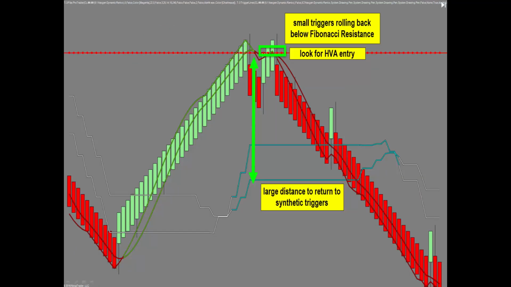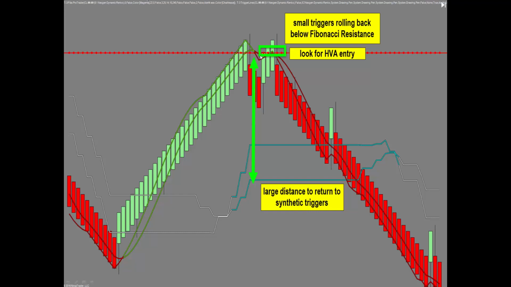Now, let's start to incorporate some of our Fibonacci work. Remember that first picture that I've been using for the last year every day in class? Strong small triggers up into the Fibonacci resistance. Notice how they roll back down below Fibonacci resistance.